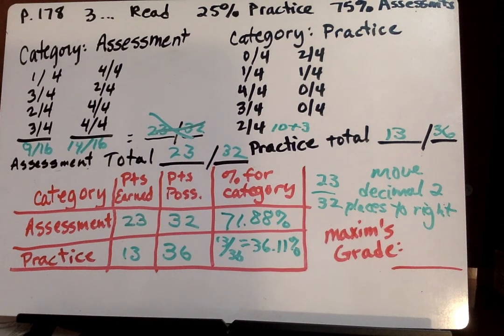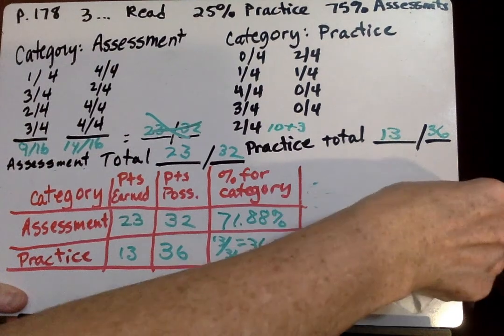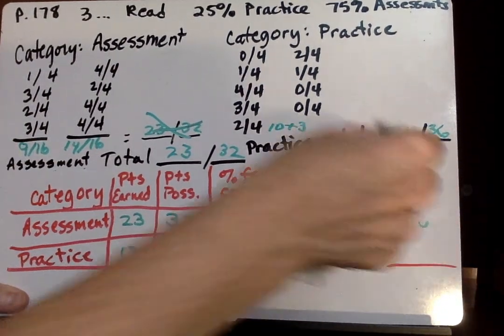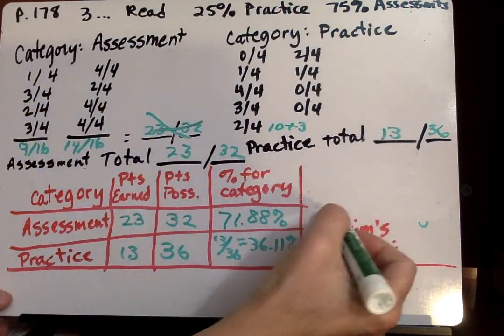The next part, what we have to do, and I'm going to have to erase this part here. Hopefully you wrote that already down. Okay. I say that this category, assessment, was 75%.